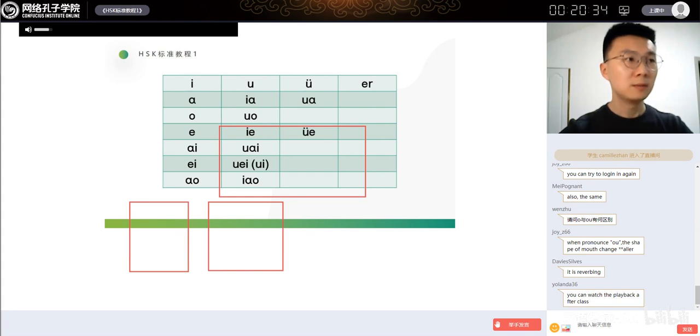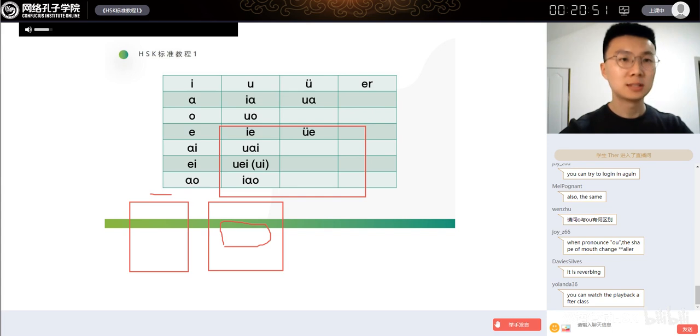Okay, please pay attention to this one. 微 is written as u, e, i. The middle is omitted, but we should still read it wei.